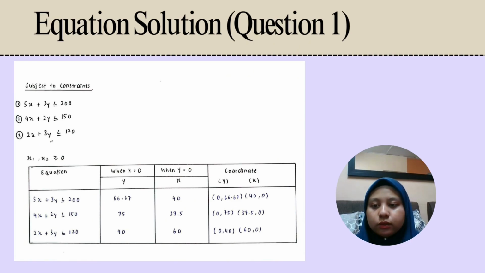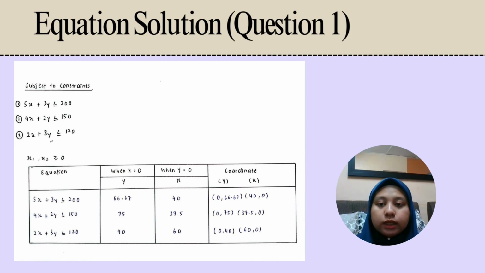Our objective is to maximize profit represented by the function z equals 3500x plus 2800y. This means each unit of chili contributes RM 3500 and each unit of tomato contributes RM 2800 to the total profit. However, we face three resource constraints.